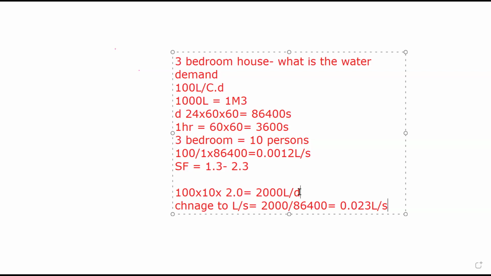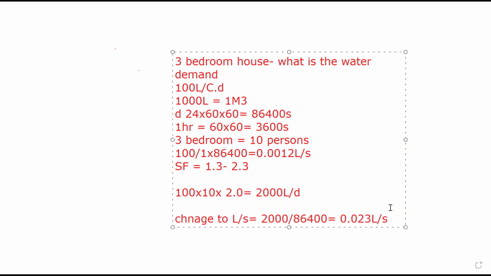Since there's no question, we'll continue. I hope this is understood. After now, you go to your pipe sizing. You go to your chart. Like I said before, you use Manning's n.